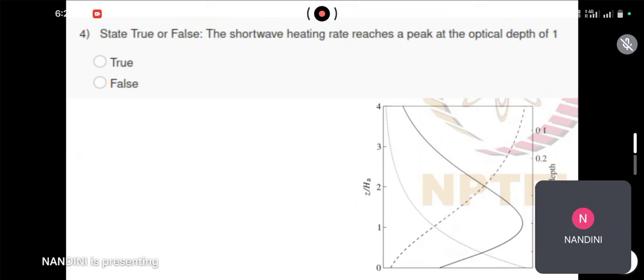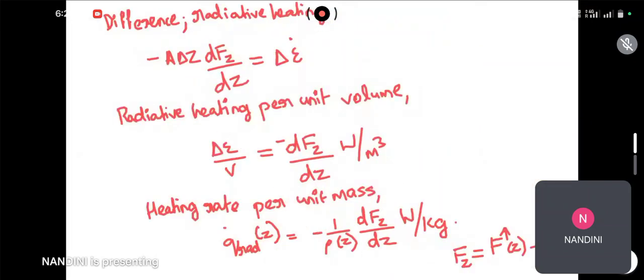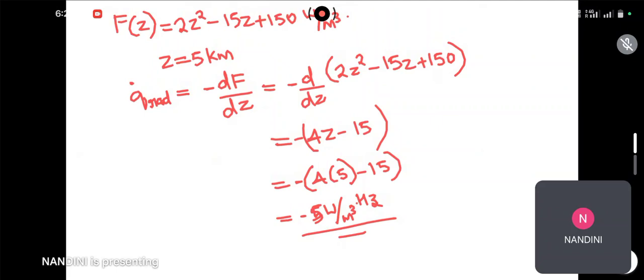Now, the next question is, as I said, this F of z is basically the difference between F outgoing minus F incoming. So if we are considering solar heating, only F incoming is there, F outgoing is 0, since after absorbing the radiation, it doesn't re-emit it back in the shortwave. When the absorption is happening in the shortwave part of the spectrum, the re-emission is not actually taking place. So because of that, only F incoming is there. So if we are considering solar radiation, then this F of z becomes F incoming.